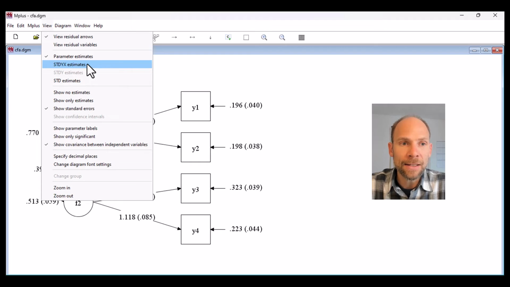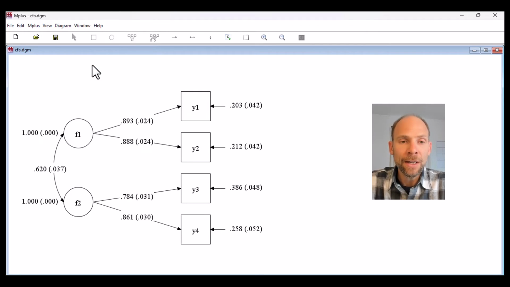Those are the estimates from the completely standardized solution where both the observed and the latent variables are standardized to a variance of 1. And now you can see that the values for the variances of the factors are 1.0 with no standard error, because now these are fixed parameters.